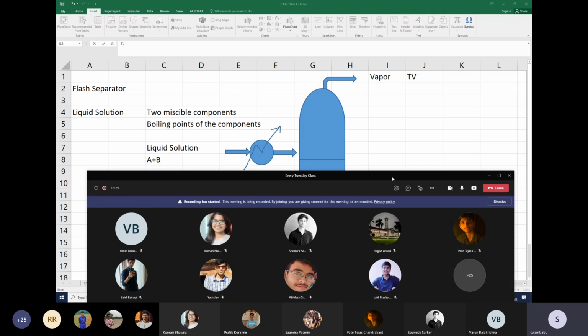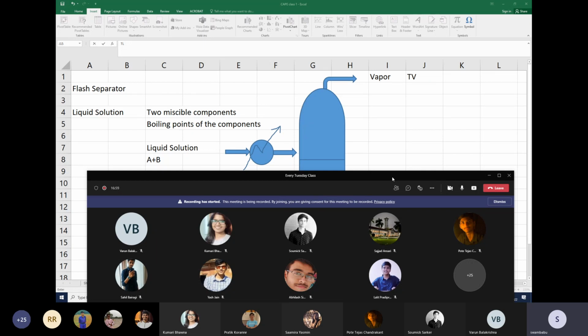Will the temperature remain same or change? Changes. So if it is only liquid, you're absolutely right. Even though we are reducing the pressure, it may boil more, but the boiling temperature doesn't change. But if there is a vapor, when there is a pressure change, the temperature also changes.